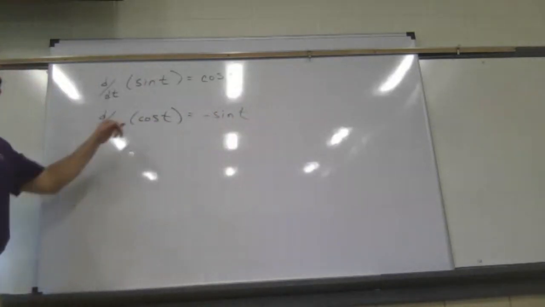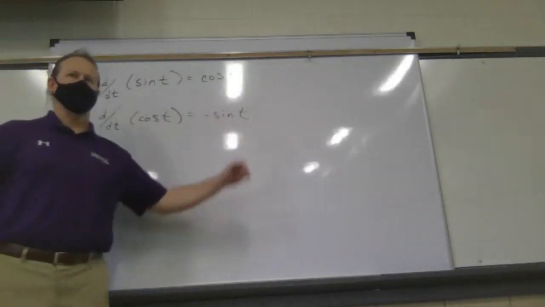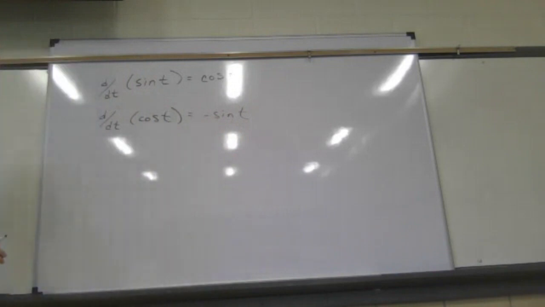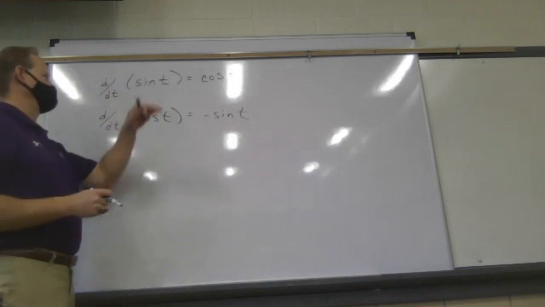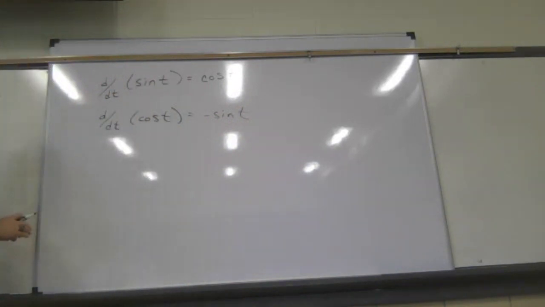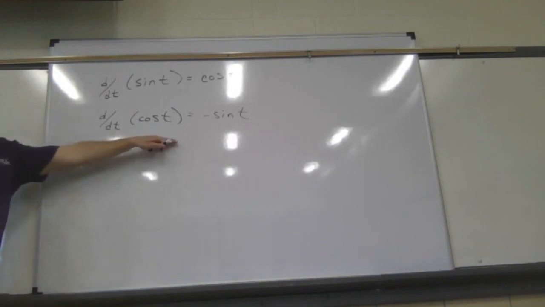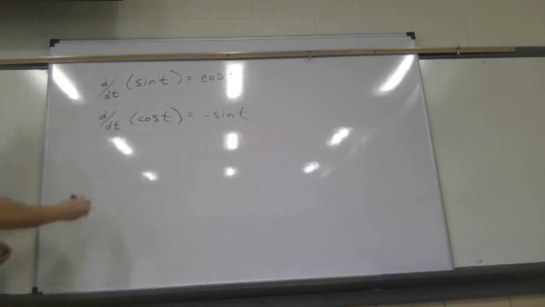So the instantaneous rate of change of cosine is the opposite of sine of t. If we have a particular point, like if I wanted to plug in a certain angle, we could do that. So we have these two things. Pretty basic to know that. You do need to memorize them, make sure you know them.